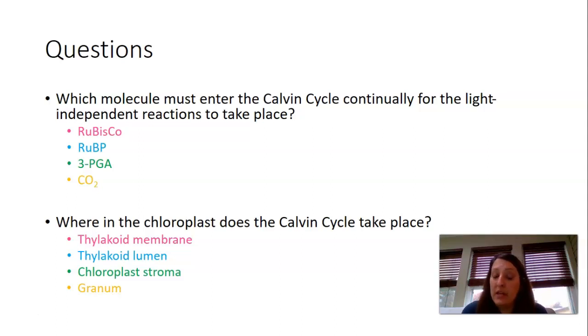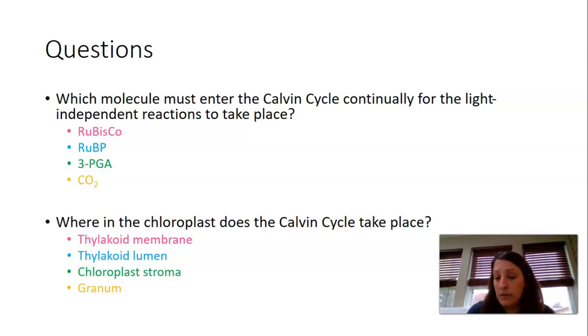Okay, so remember that the first stage in photosynthesis, the light-dependent reactions, took place in the thylakoid membrane. That's where photosystems 2 and 1 were located, and also the ATP synthase. And the thylakoid lumen was going to be that space where that proton gradient was built up. Okay, so those are important in the first stage. And a stack of thylakoids is called a granum.